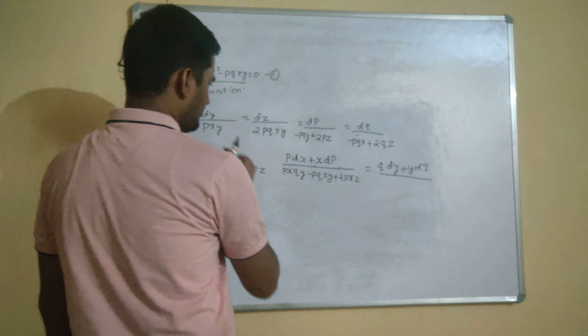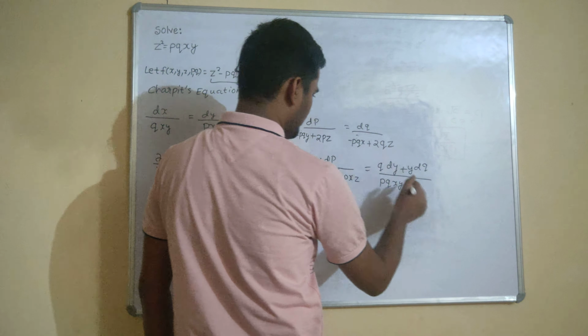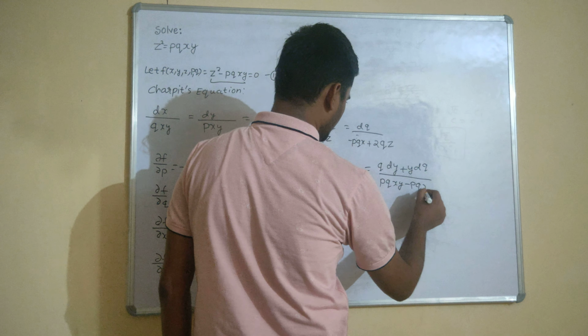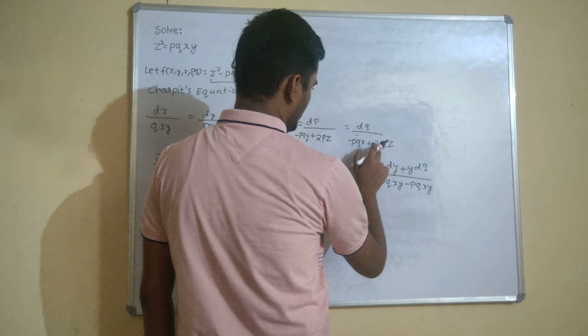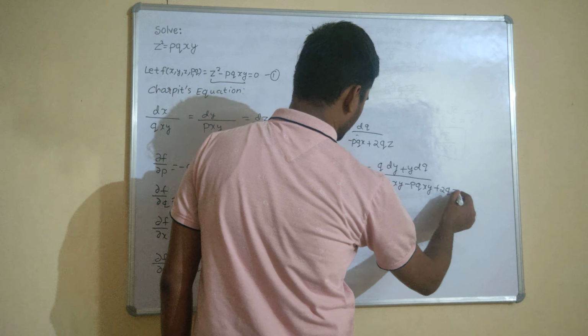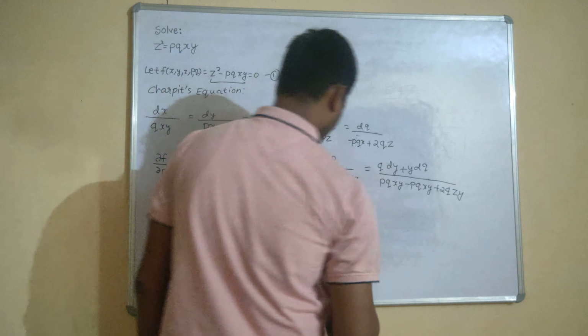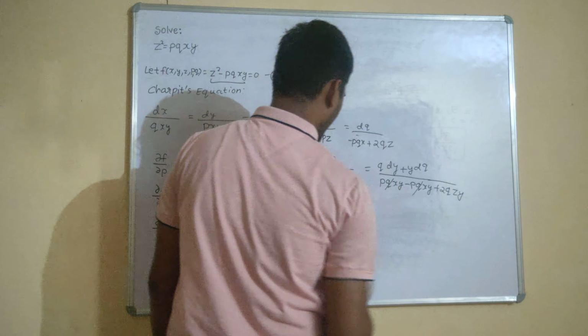From here you get pqxy, from here you get minus pqxy and 2qzy. Cancel.